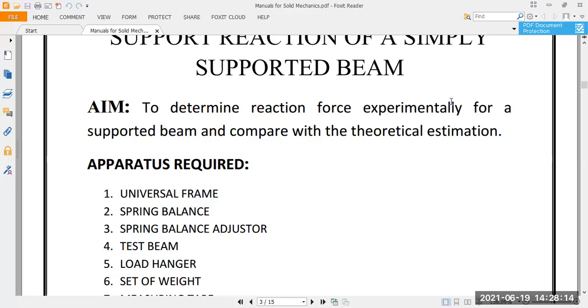Mainly it is a rectangular cross section, and it has certain supports. And we have to apply different known weights. We can mostly apply pointed loads by hanging different loads at different portions of the beam, and we have to find the reaction created at both the ends. Here we have only two supports.